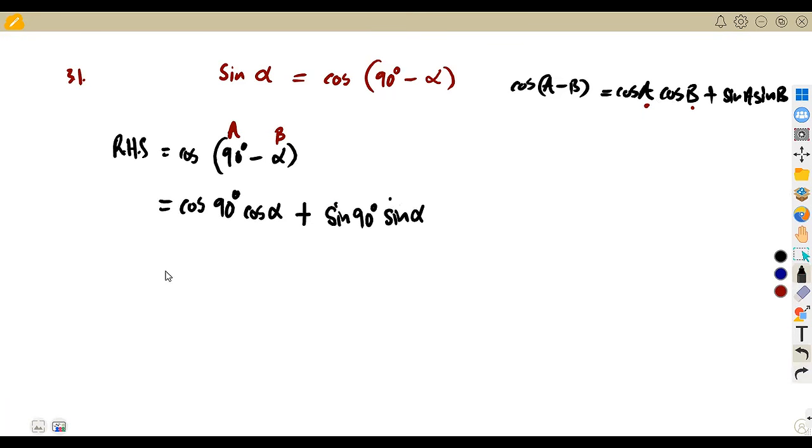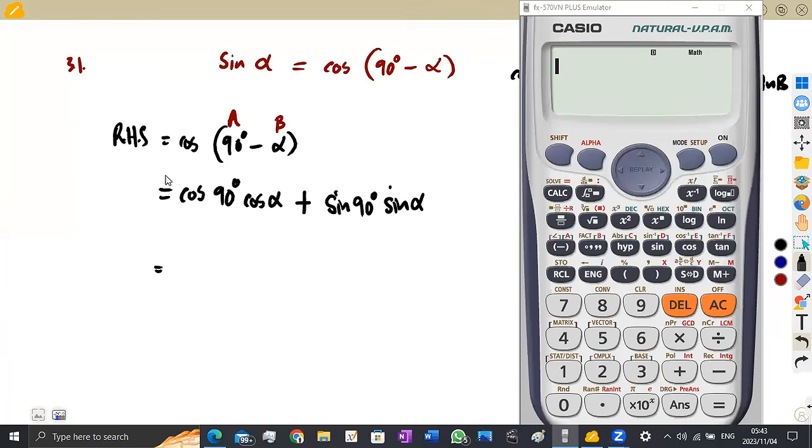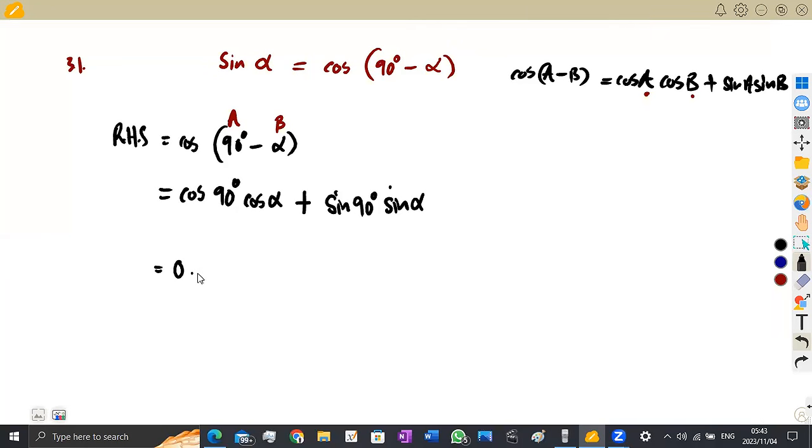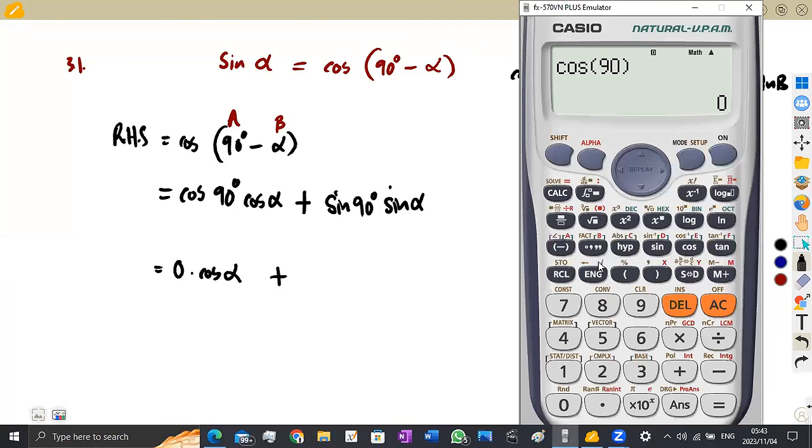Let us check this part. We can work with our calculator to find the values. If you know them by heart, it's fine, but you can just use your calculator. The cosine of 90 degrees gives us 0, so you have 0 times the cos of alpha, plus the sine of 90 degrees, which from our calculator gives us 1.